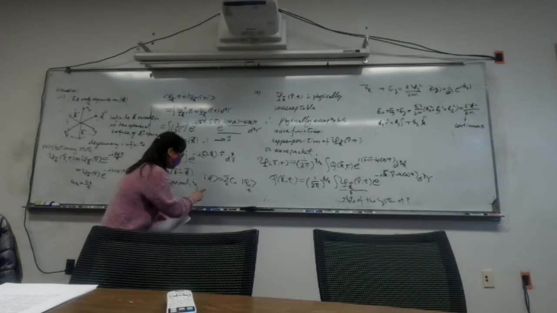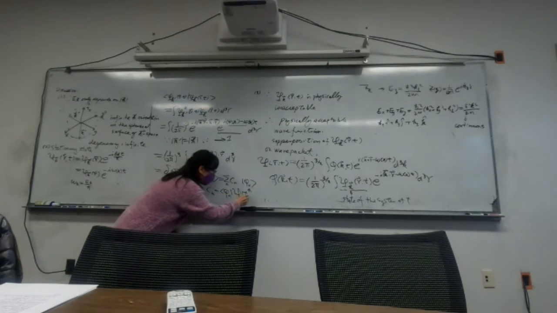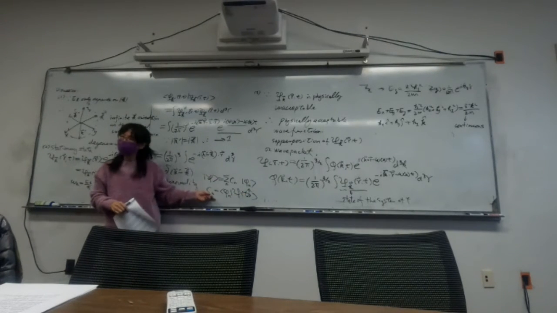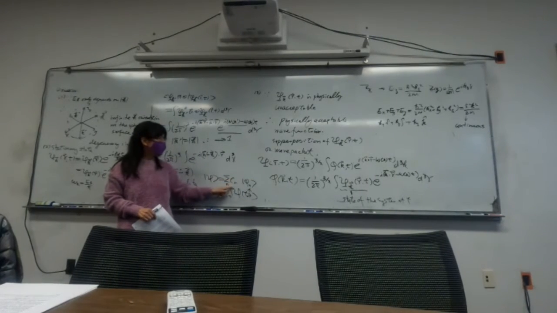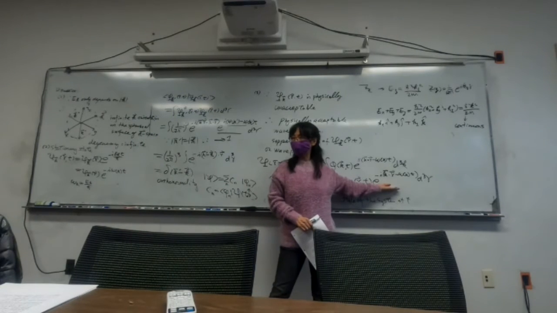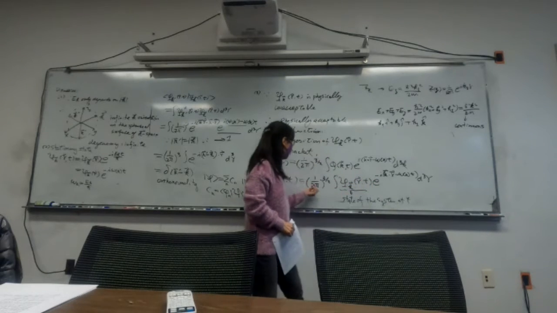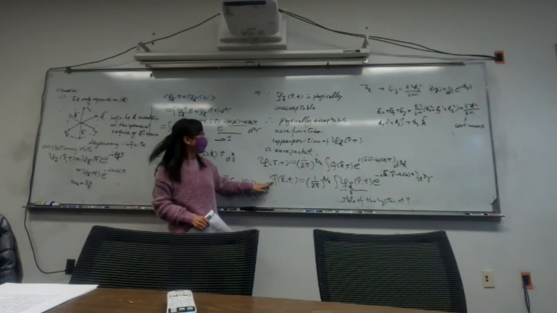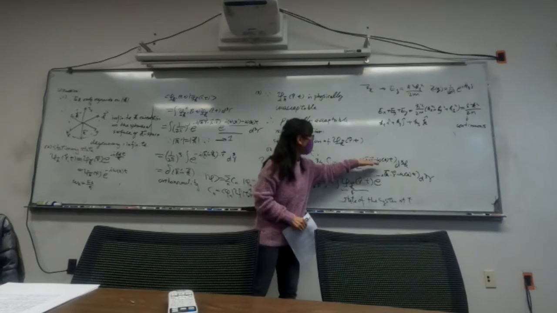Then the C, if you remember how to obtain C, is the initial state projected onto this one, and that gives the coefficient. The plane wave is the basis, and this is your initial state, so that gives us how much the weight is.